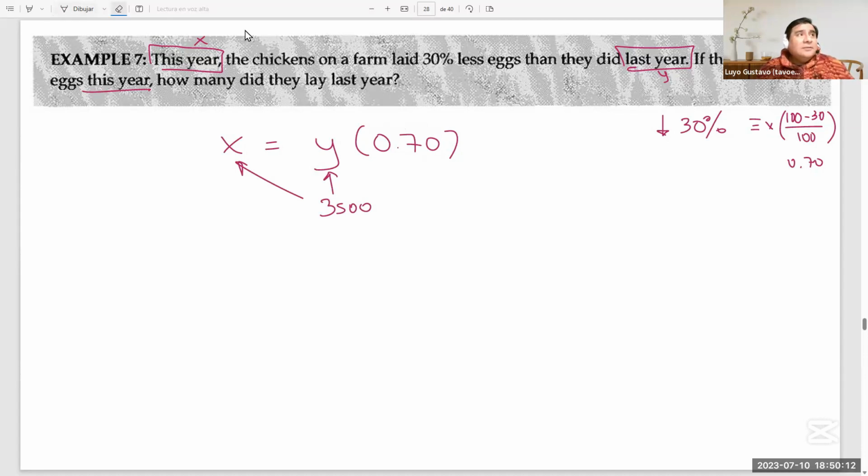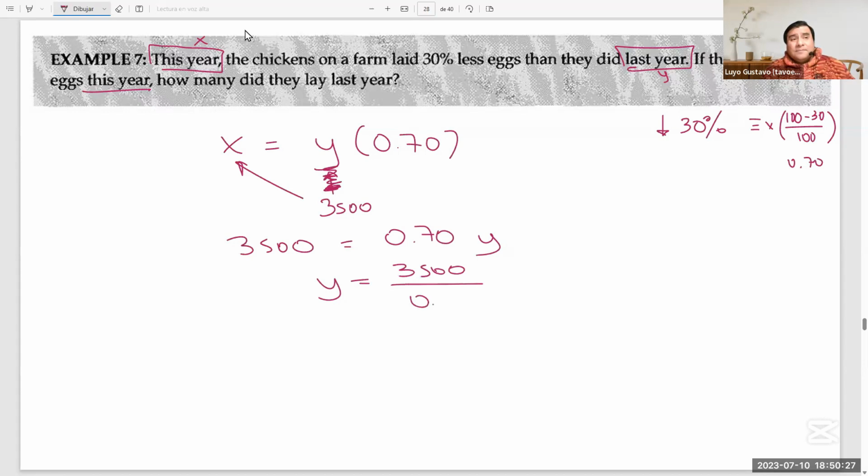Okay, 3,500 equals 0.70 y. And thus, y equals this. So this value is 5,000. Remember, you can use a calculator here, no problem. Let's try another.